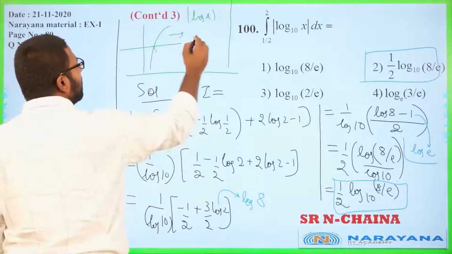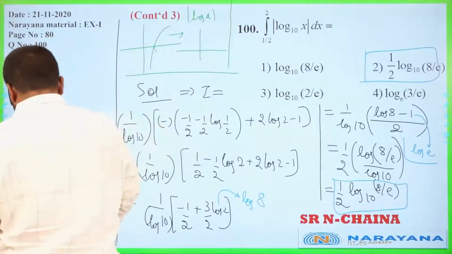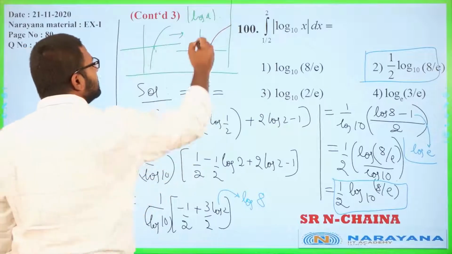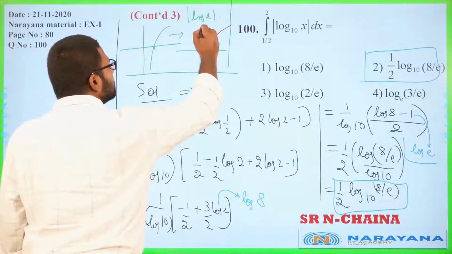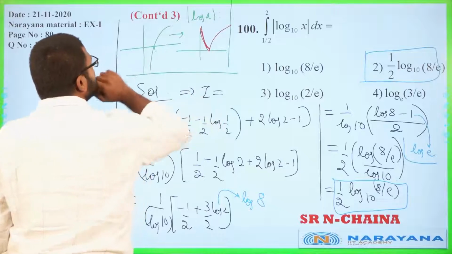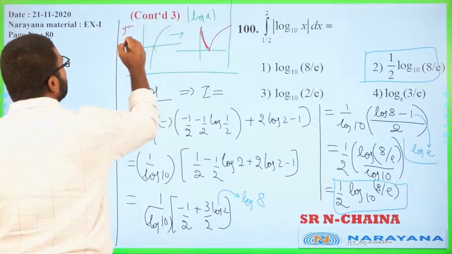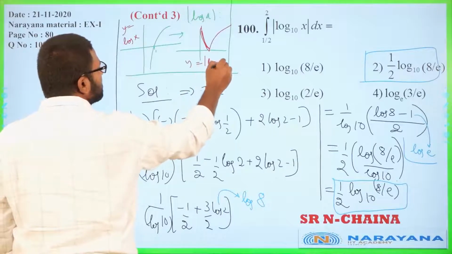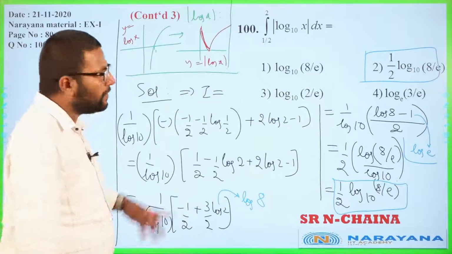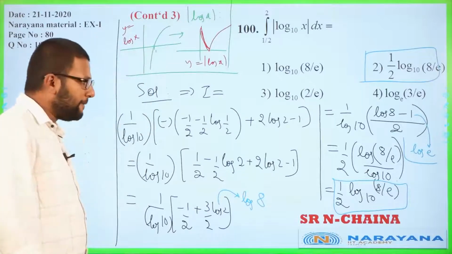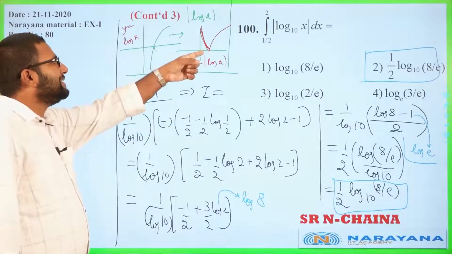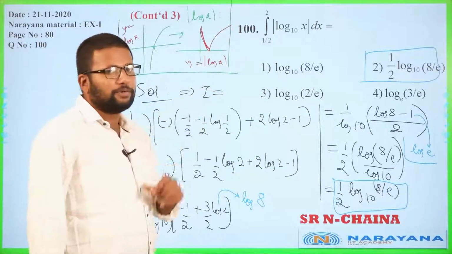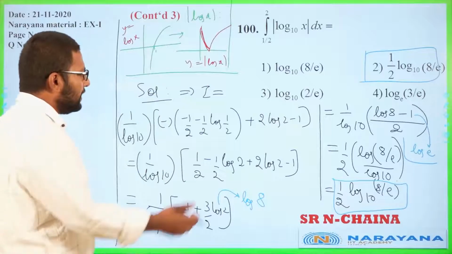From this, when you take mod, the positive value will remain as it is, the negative value will reflect. So this is the graph of y equal to log x, and this is y equal to mod log x. Just for your understanding, in case you want to visualize this. Often visualizing will tell you exactly where to split the integral. So you realize that's why we split it at 1. Alright, then let us proceed.